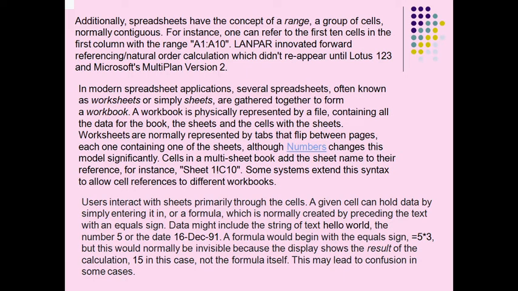In modern spreadsheet applications, several spreadsheets, often known as worksheets or simply sheets, are gathered together to form a workbook. A workbook is physically represented by a file containing all the data for the book, the sheets, and the cells within the sheets.